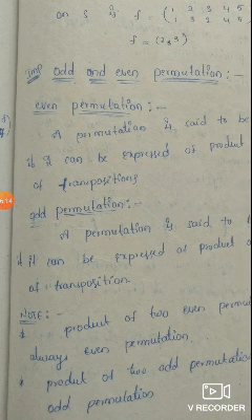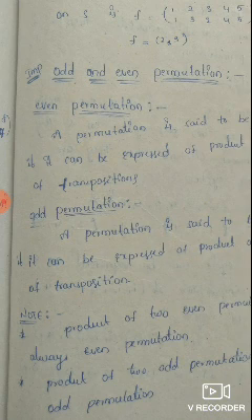So this is the position we have to discuss. And here, the product of two even permutations is an even permutation. If you are given the product of two odd permutations, it is an even permutation.